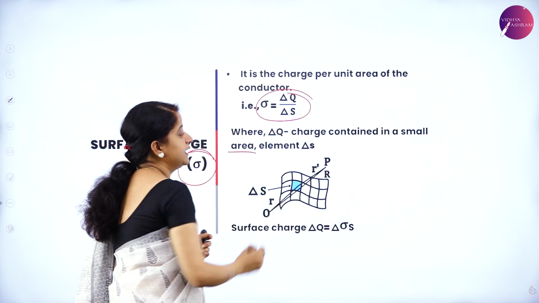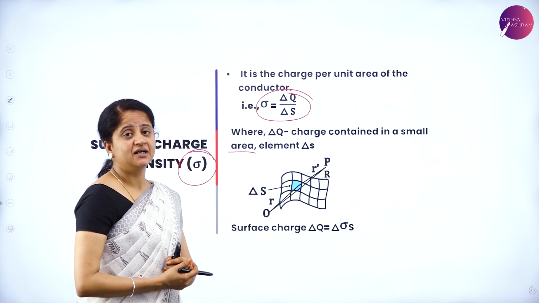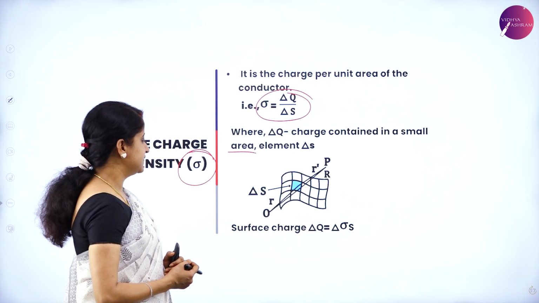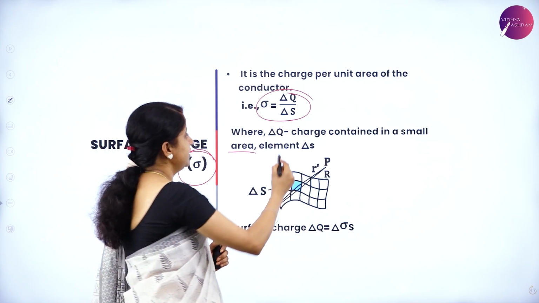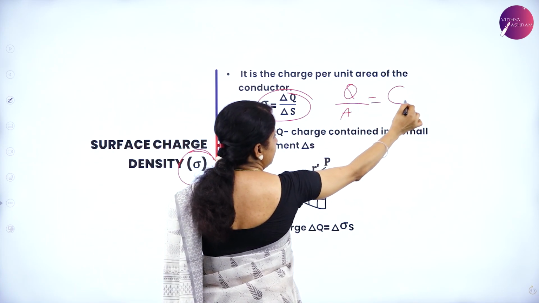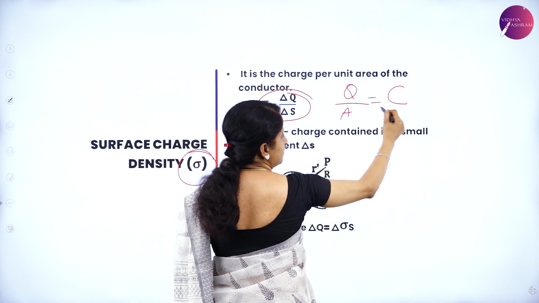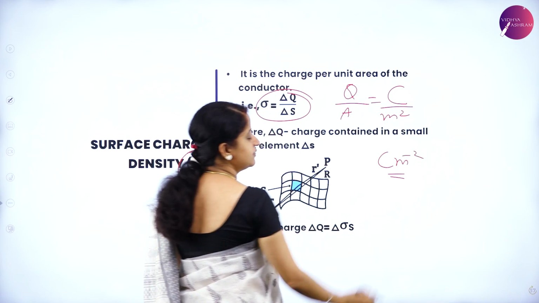On a unit area element delta S. So charge per unit area element is surface charge density. What is the SI unit for the surface charge density? We have Q divided by surface area, that is A. So what is the SI unit of charge? Coulomb, and area is meter square. So when you take this to the numerator, you will get coulomb per meter square as the SI unit for surface charge density.